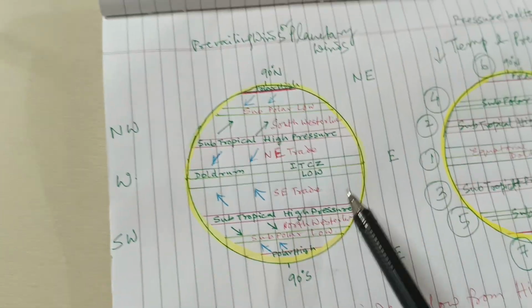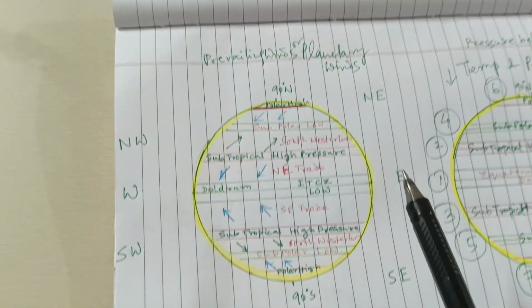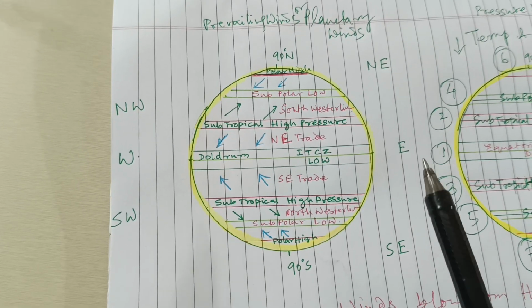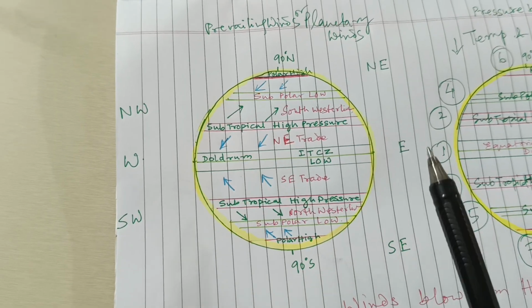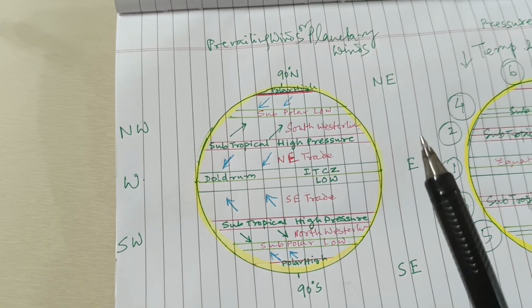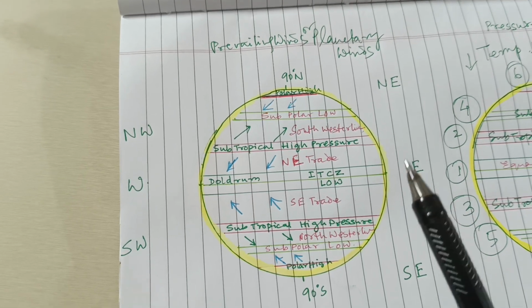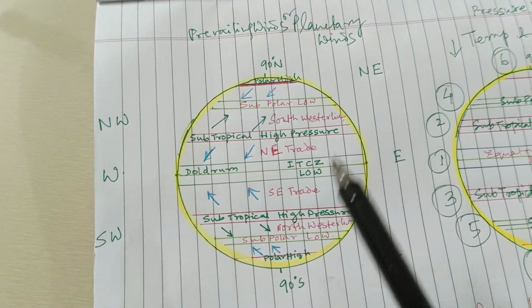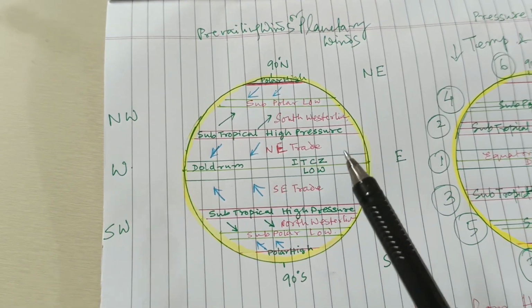I told you 3 things we have to remember. The first thing I have told already, and that is how the pressure belt is one of the important reasons when we are discussing the prevailing winds.